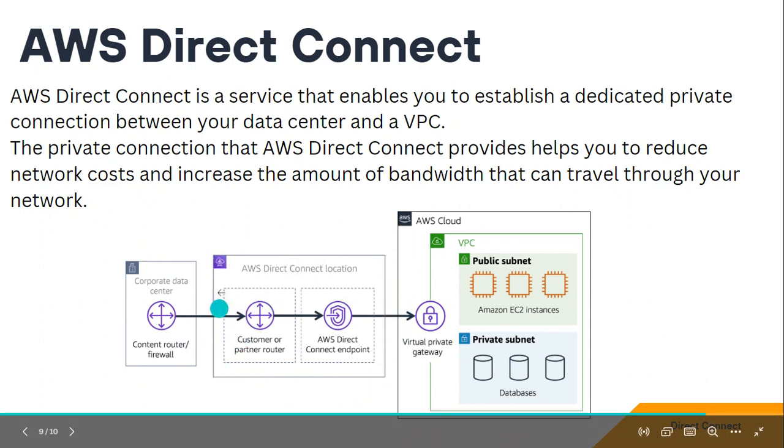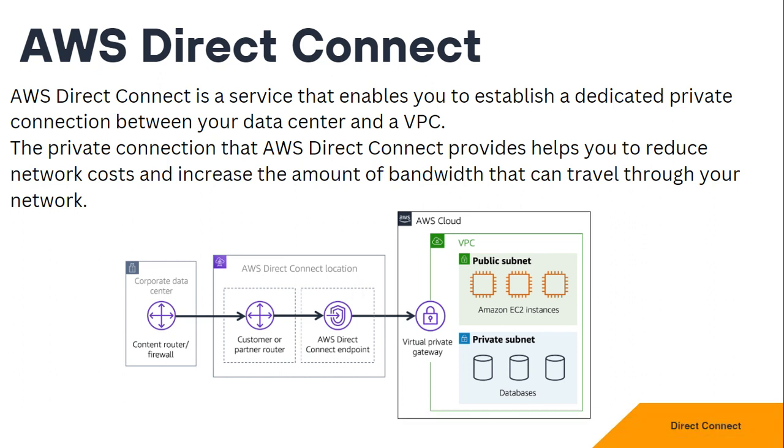The private connection that AWS Direct Connect provides helps you to reduce network cost and increase the amount of bandwidth that can travel through your network.